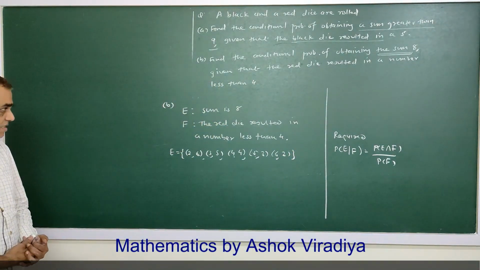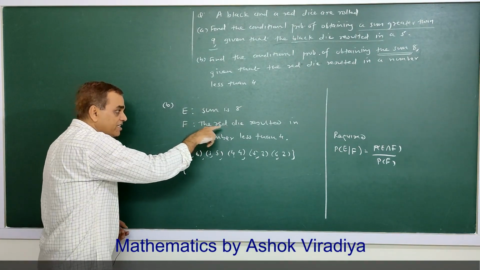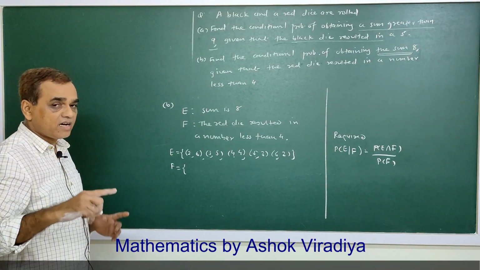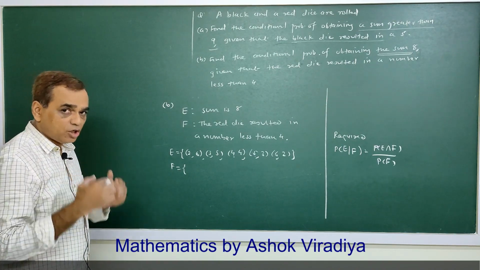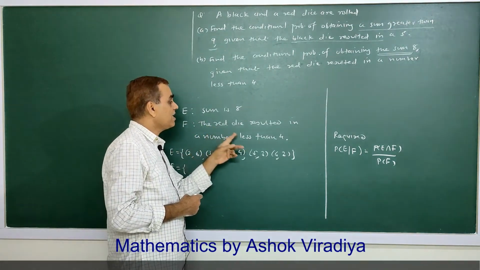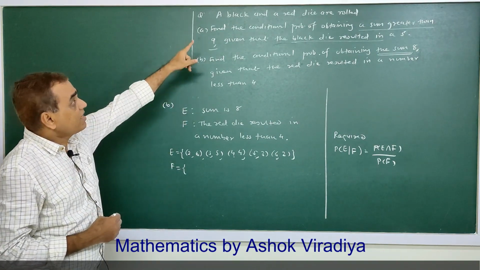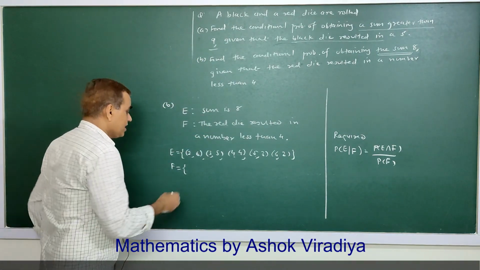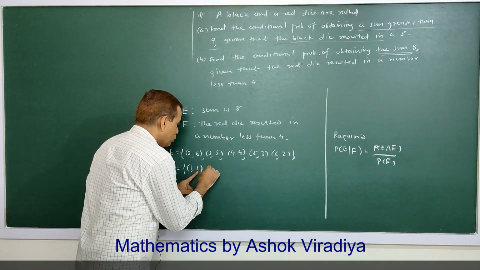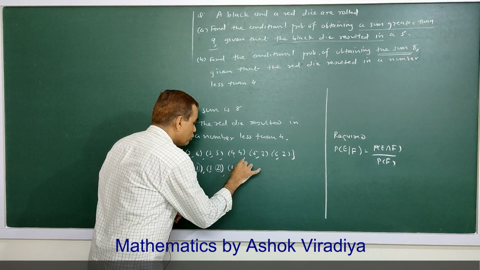This is event E. Now F is the event that the red die results in a number less than 4. Less than 4 means the second output is 1, 2, or 3. First die is black, second die is red. If we take 1,1, 1 is allowed. 1,2, second output is 2; 1,3, second output is 3, allowed.